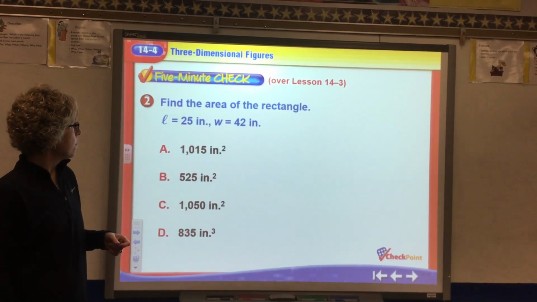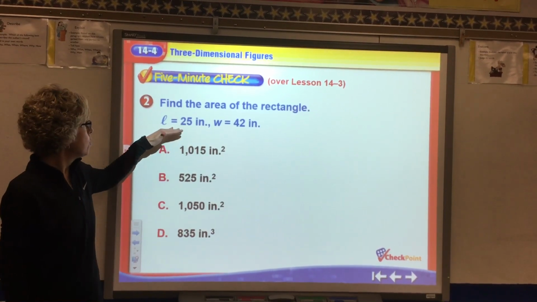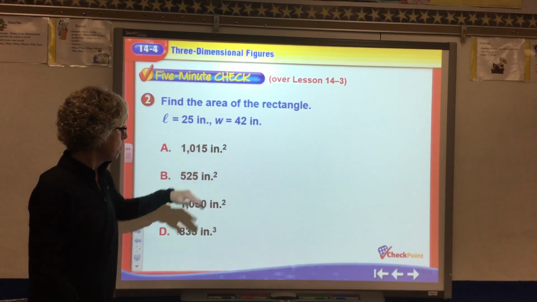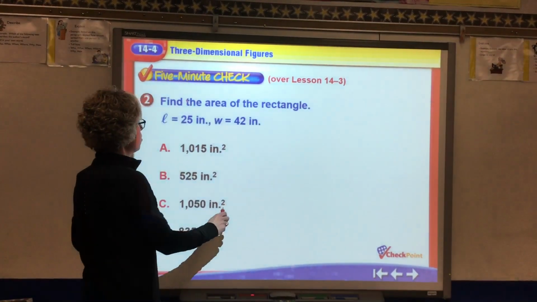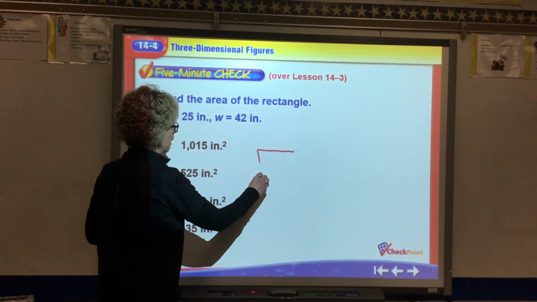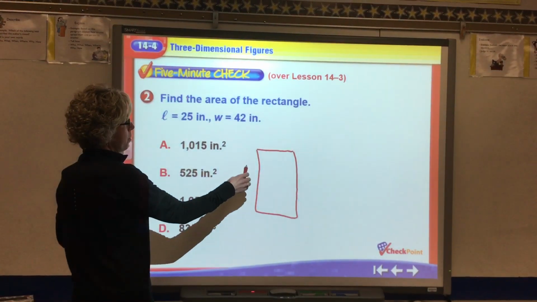The next example, they don't give us a figure, but they give you the dimensions. So if you have a length of 25 and a width of 42, that's going to be a strange one, isn't it? But anyway, we're just going to plug in these numbers.